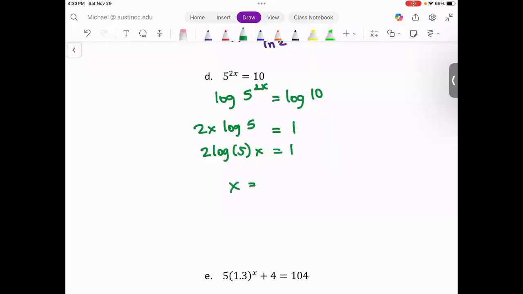And so x is just going to equal 1 over 2 log 5. Or if we calculate it, we get 0.715. From this step right here, we could just divide by log 5 and then divide by 2. I just combined it into one step. Either way you want to do it is fine.